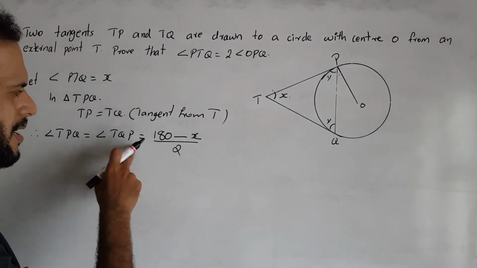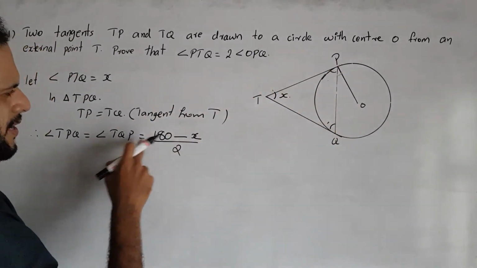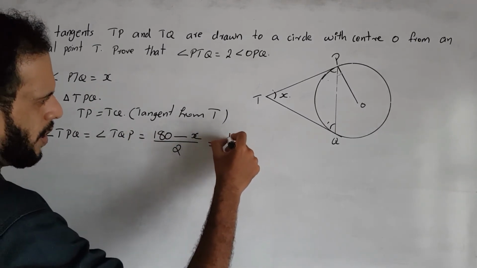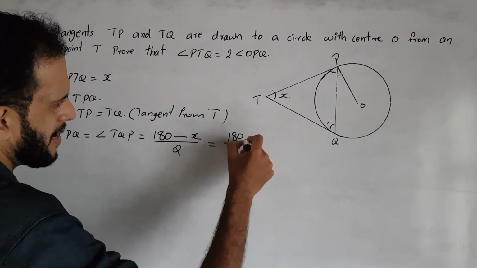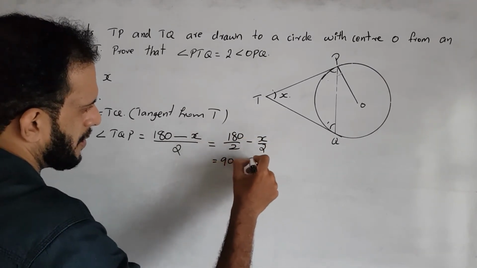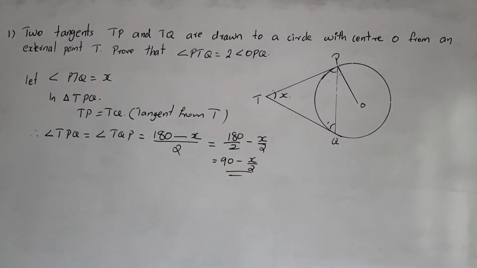That we write directly. Then these two angles are equal. So 180 minus x by 2 is equal to, splitting the division, 180 by 2 minus x by 2, which is equal to 90 minus x by 2. Okay, we got it. The values of angle TPQ and angle TQP are 90 minus x by 2.